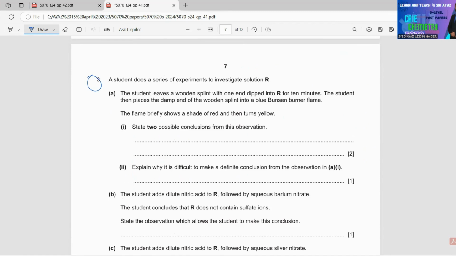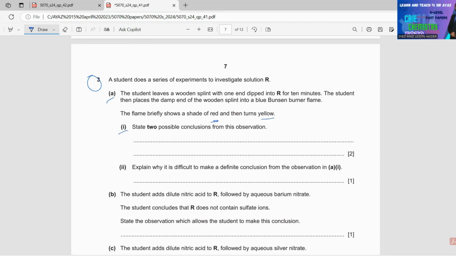A student does a series of experiments to investigate solution R. A. The student leaves a wooden splint with one end dipped into R for 10 minutes. The student then places a damp end of the wooden splint into a blue Bunsen burner flame. The flame briefly shows a shade of red and then turns yellow. 1.